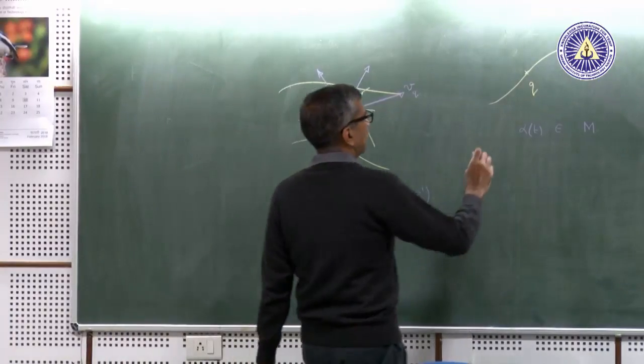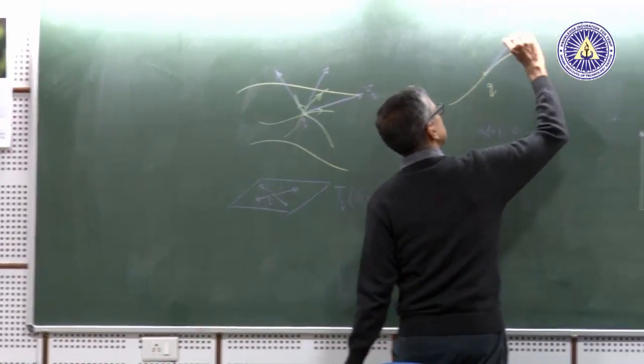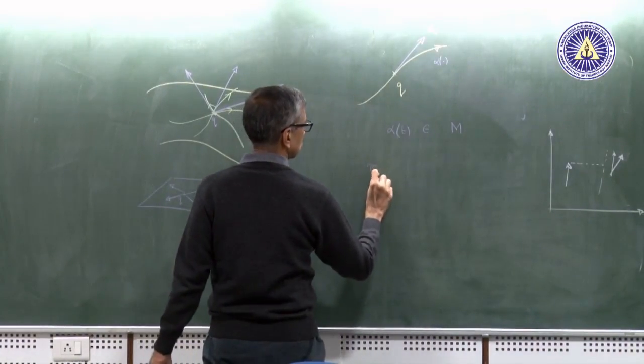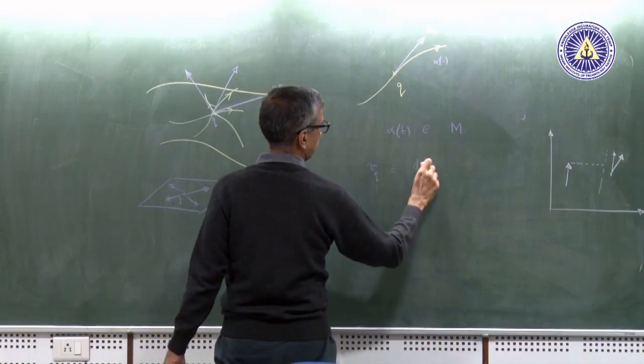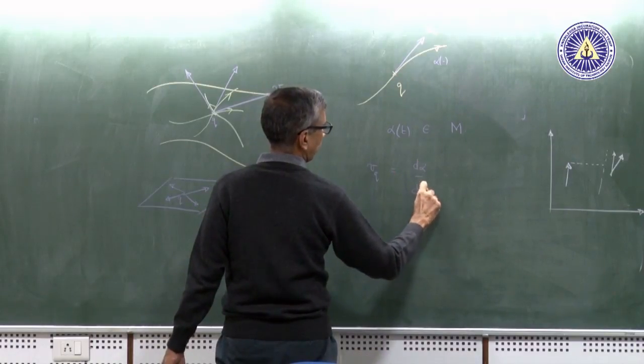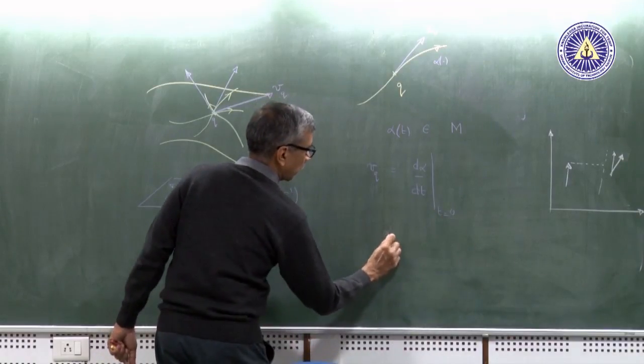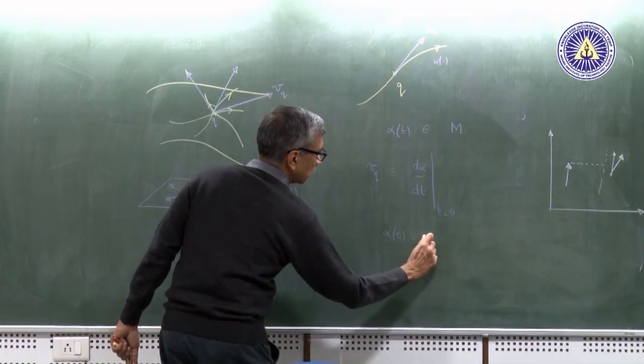The velocity vector at q is written as, where alpha(0) is q.